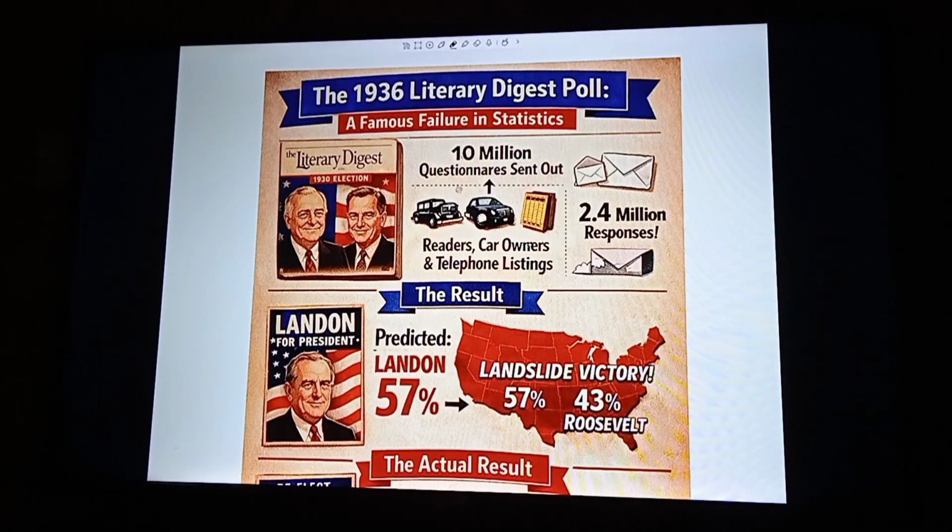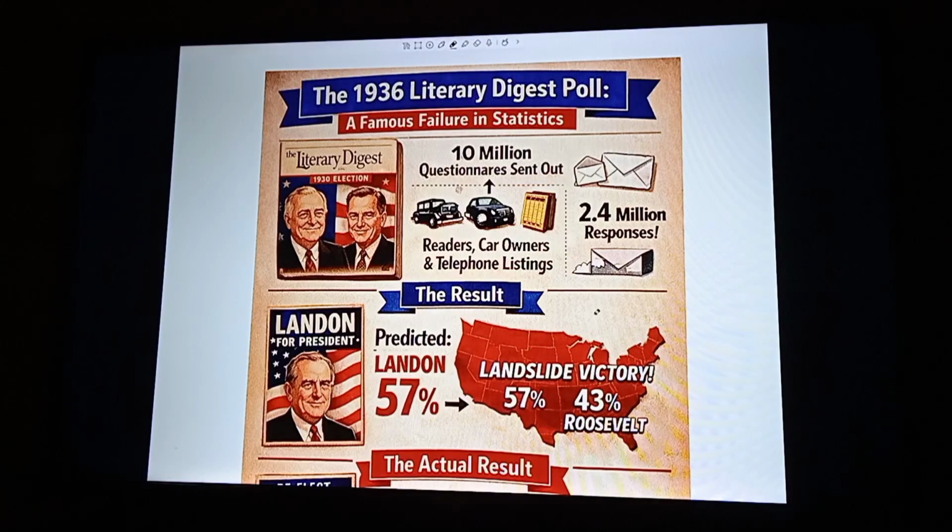The magazine's prediction said Alf Landon would win, but in reality, Roosevelt won by a landslide. This was because of the non-representativeness. So this became a famous failure in statistics.